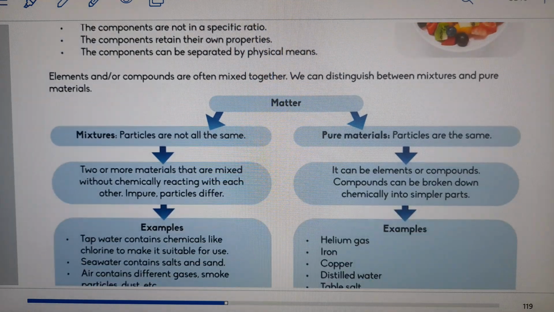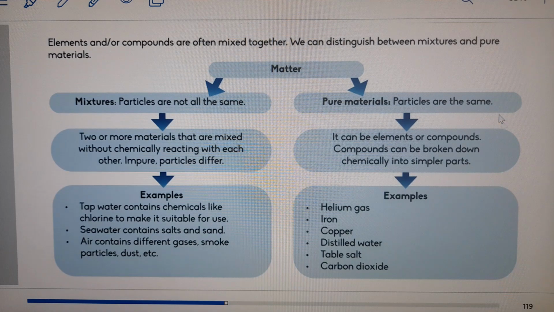We have already dealt with pure materials. You remember it was elements and compounds. Elements we get from the periodic table, and compounds are 2 or more different atoms bonded together.